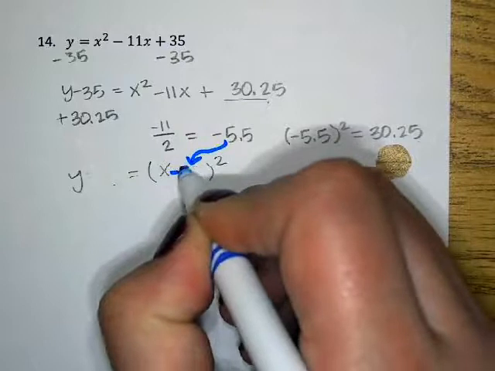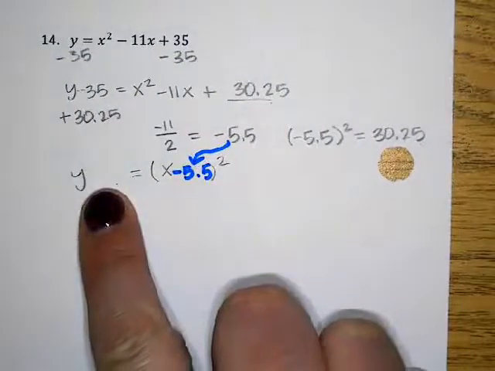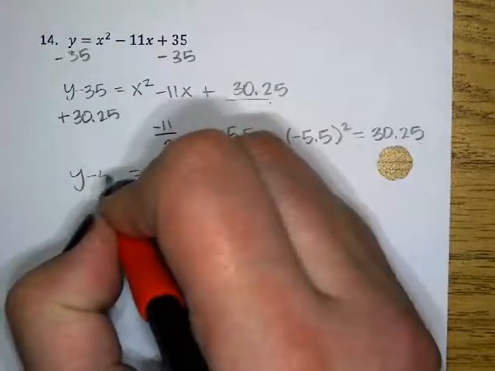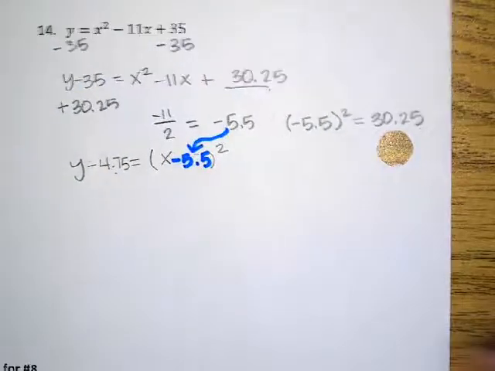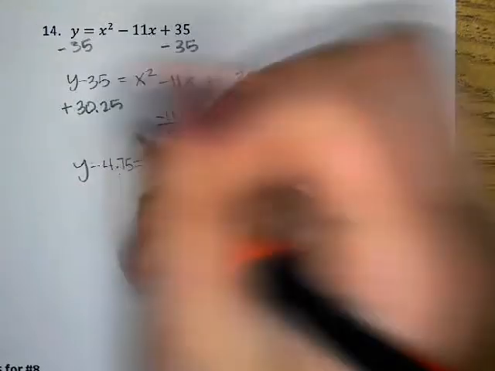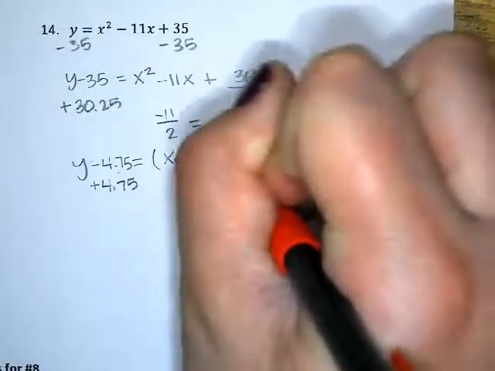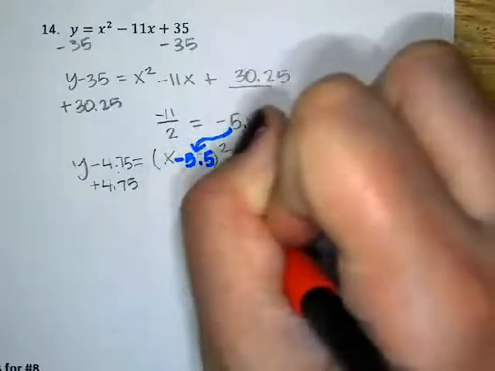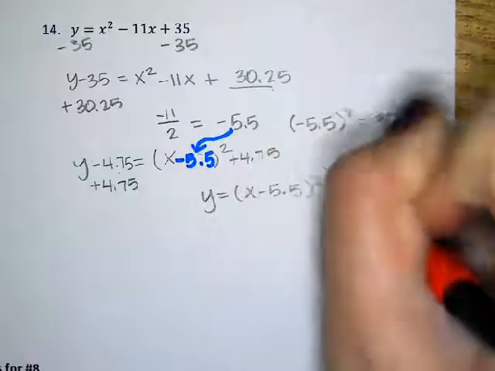Did anyone figure out what goes here? Negative 4.75. Good. Okay. And then if we want to get the y alone, what should we do? Add the 4.75 over. So y equals (x minus 5.5) squared plus 4.75.